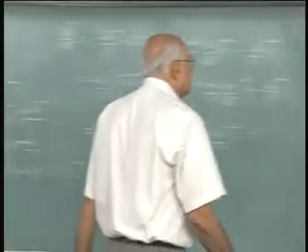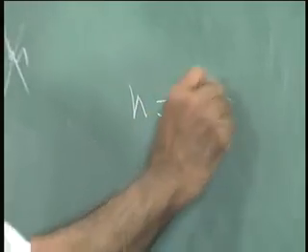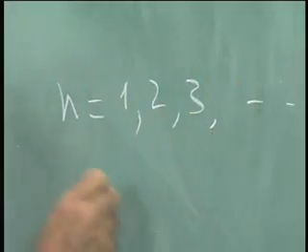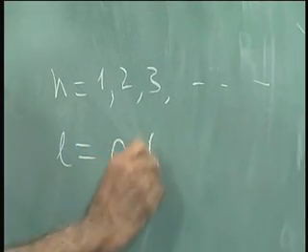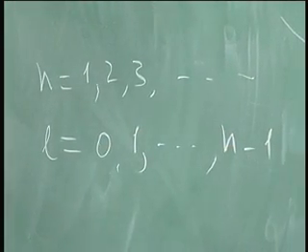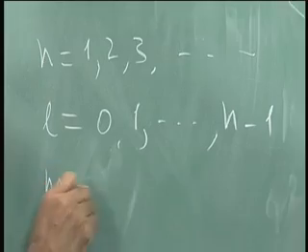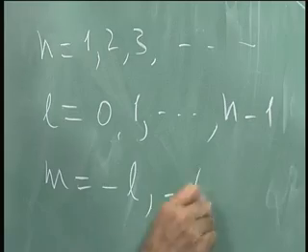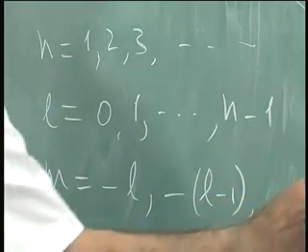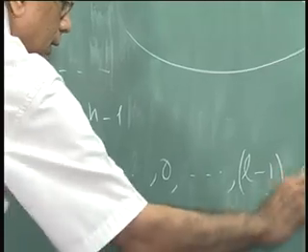And what kind of degeneracy would you have in that situation? Remember that in the Kepler problem, for example, n equal to 1, 2, 3 dot dot dot, l equal to 0, 1 up to n minus 1, and what does m do? m runs from minus l, minus of l minus 1, 0, l minus 1, l.